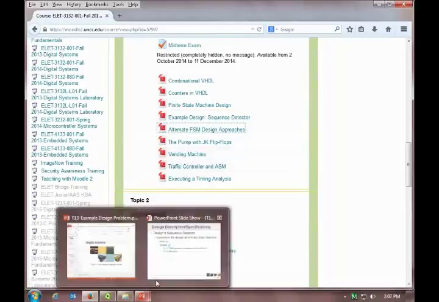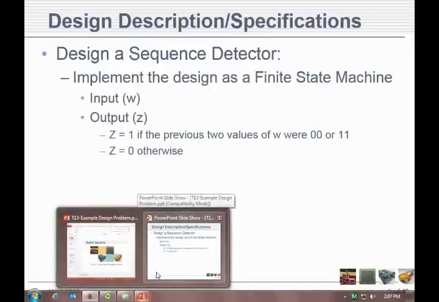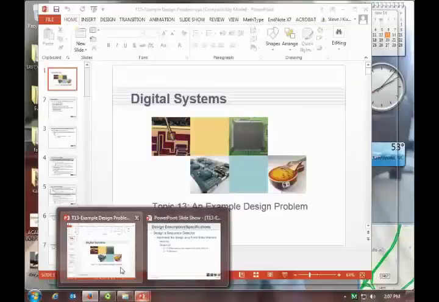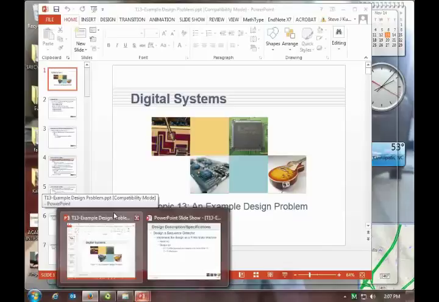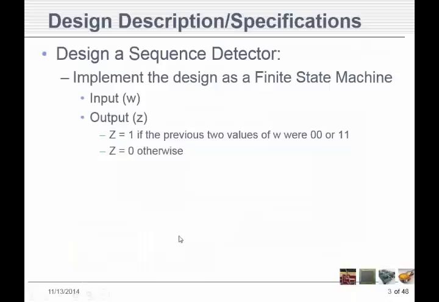So we'll see what happens. If we can get this all the way done today, then we'll go into the vending machine.